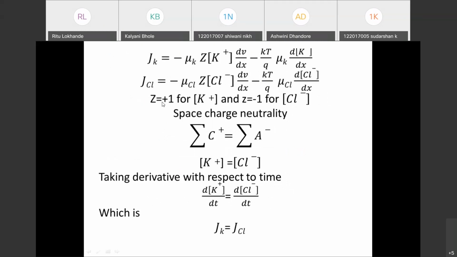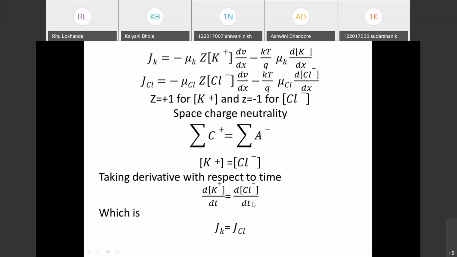Here Z is equal to +1 for K plus and Z is equal to -1 for Cl minus. We know the theorem of space charge neutrality, that is, the number of cations is equal to the number of anions. So the total number of K plus ions is equal to the number of Cl minus ions. If you take the derivative of this, that is dK plus by dt is equal to dCl minus by dt.